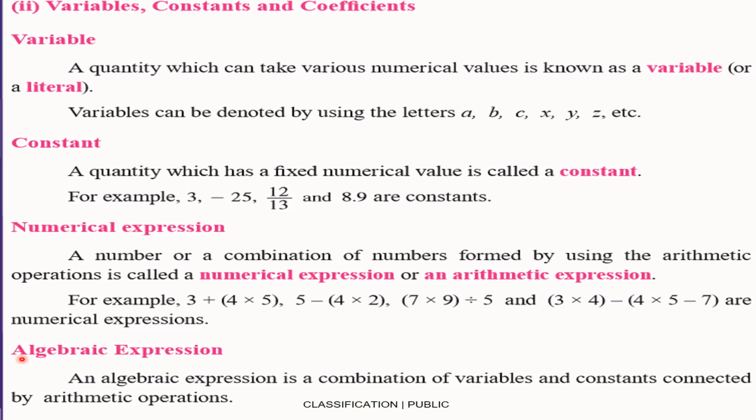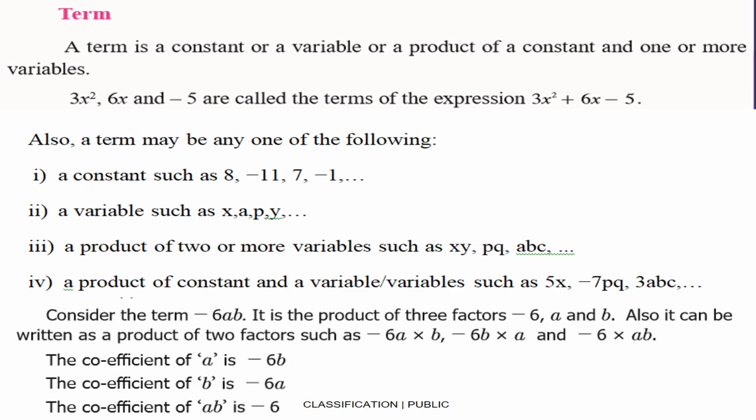Next, algebraic expression. An algebraic expression is a combination of variables, that is small a, b, c to z, and any numbers, constants, connected by arithmetic operations. Next, term.